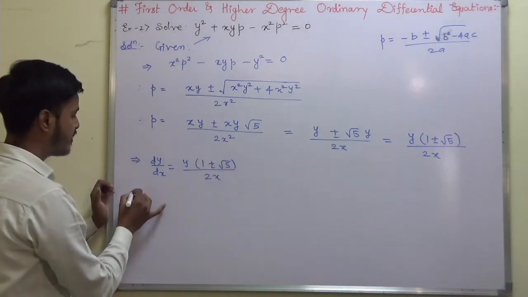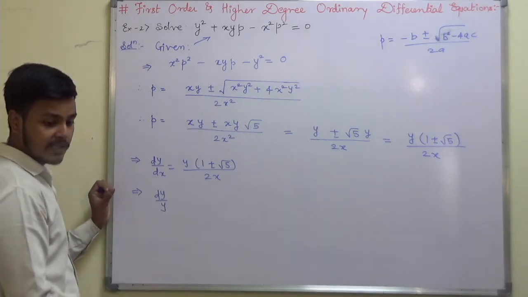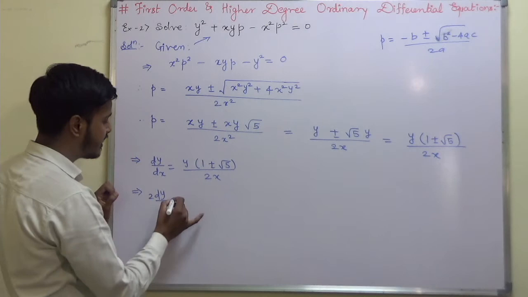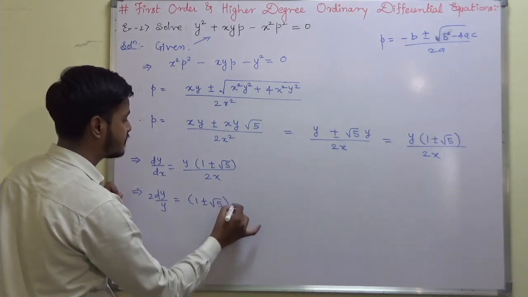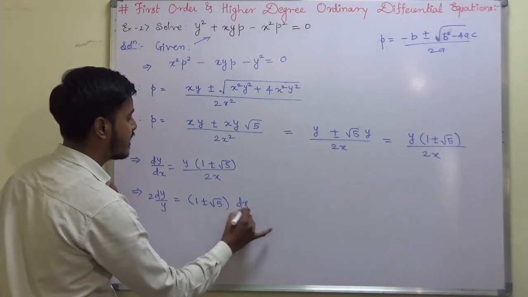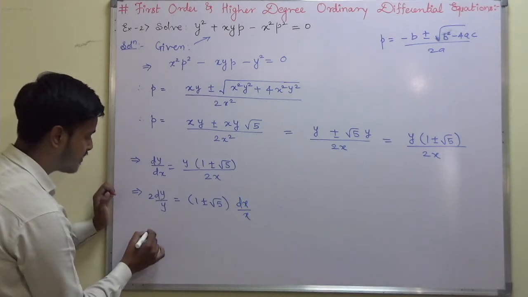Now separate the variables. So this is like dy by y, right? And this 2 you can take here, is equal to 1 plus minus root 5 dx by x.